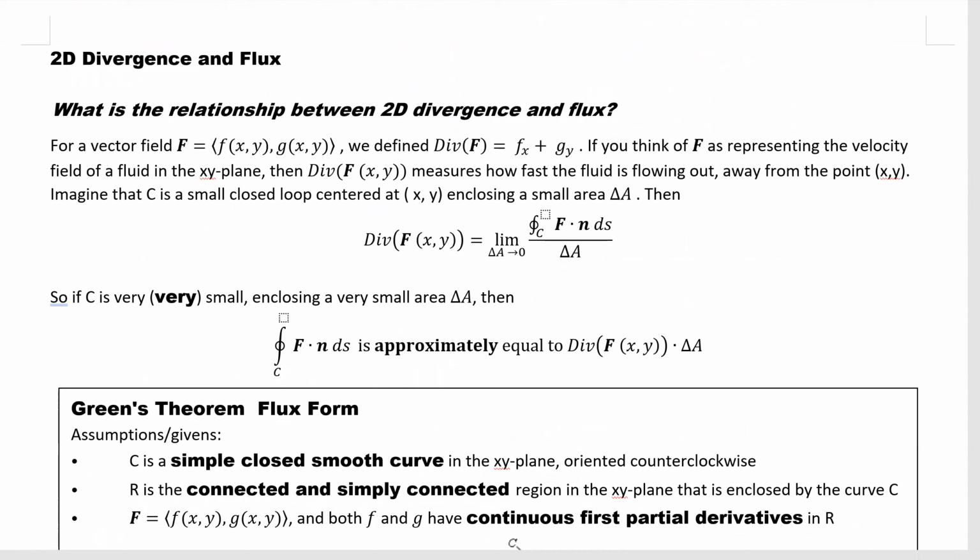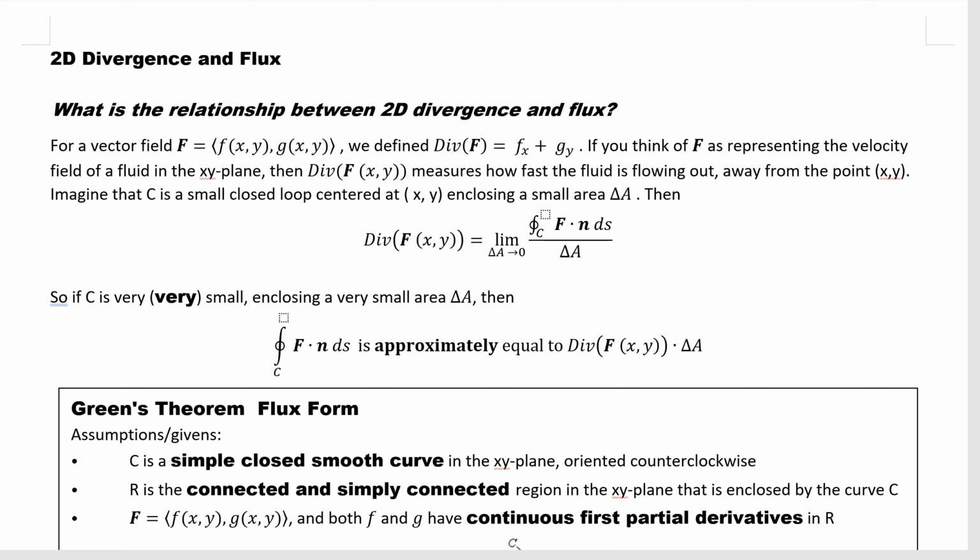Okay, next, remember at the beginning of this session, we talked about Green's theorem. There are two forms. We have circulation, which is related to the curve. Circulation along the path is like measuring how much the vector field is rotating counterclockwise. Now, the other one is the flux form.